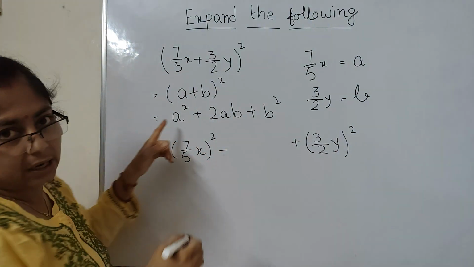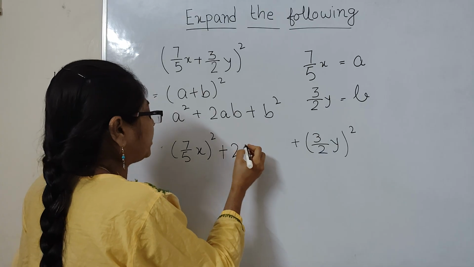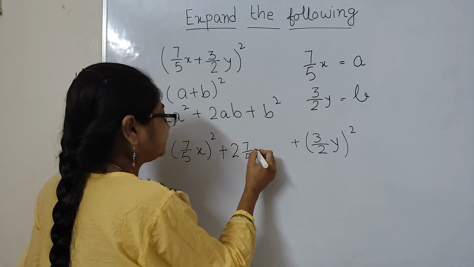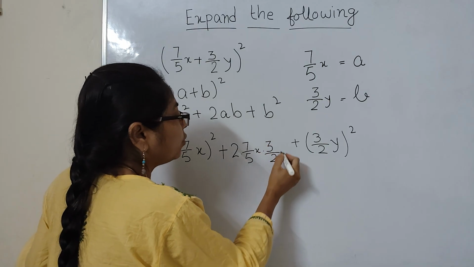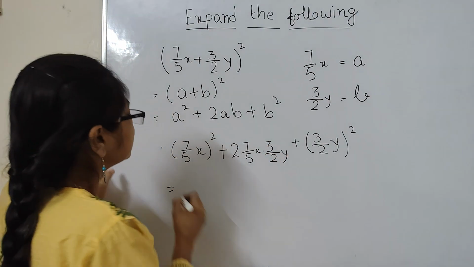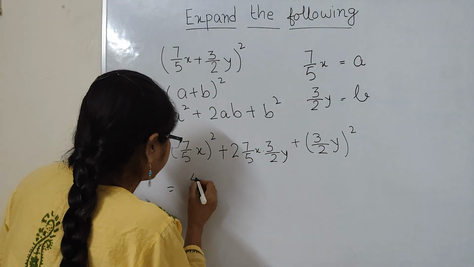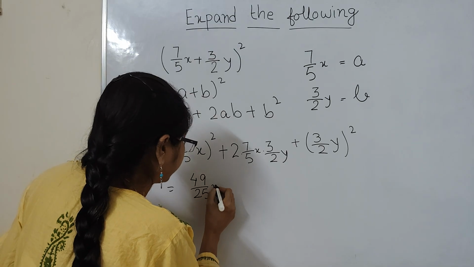Now I write the middle part. This is plus 2 into A, A means 7 by 5x, B means 3 by 2y. Then 7 by 5 whole square means 49 by 25 x square.